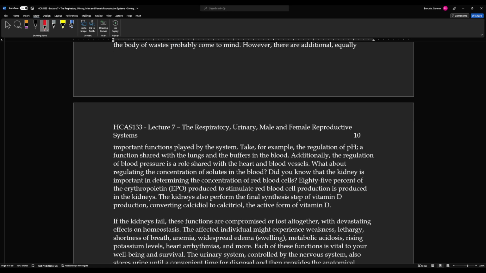Another huge thing about the kidneys is that they play such a major role in the regulation of things related to blood. They secrete a substance called erythropoietin, or EPO. This stimulates red blood cell production. The kidneys also play a huge role in regulation of pH.